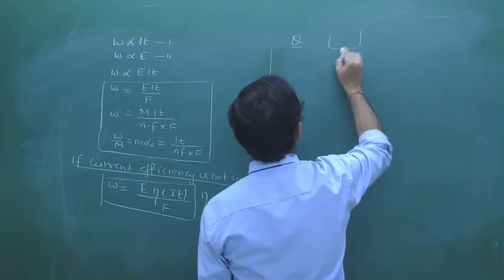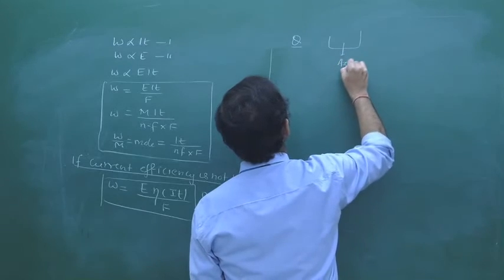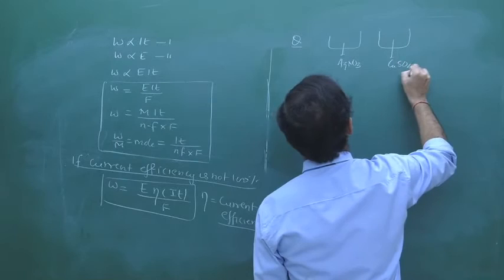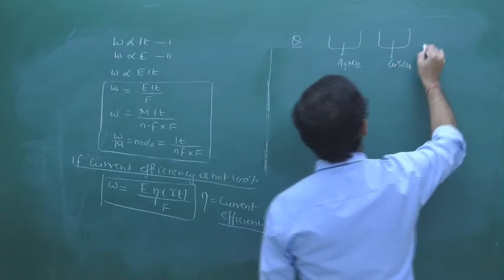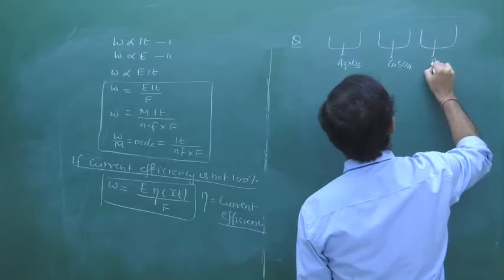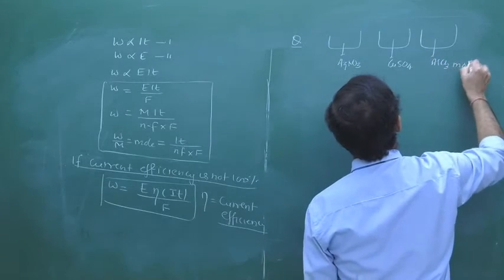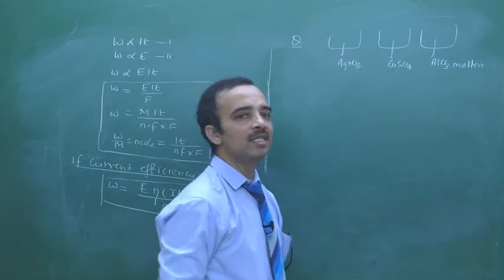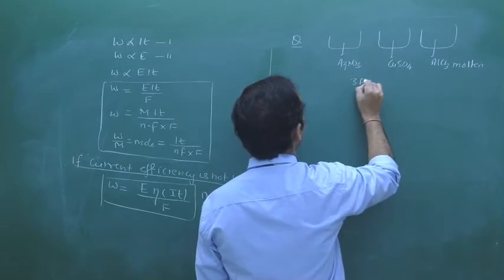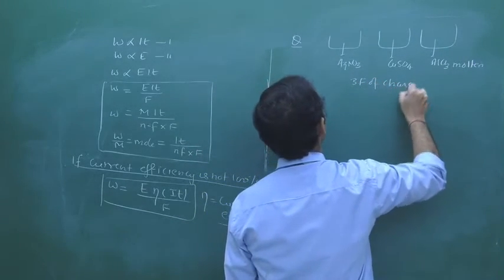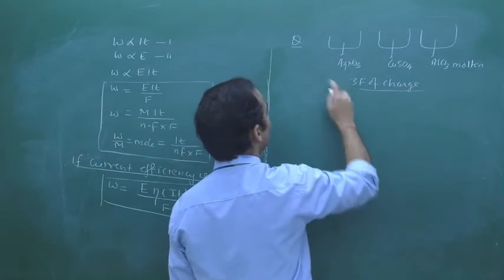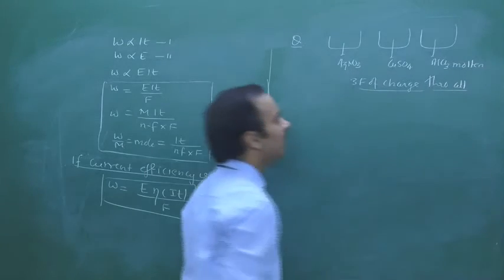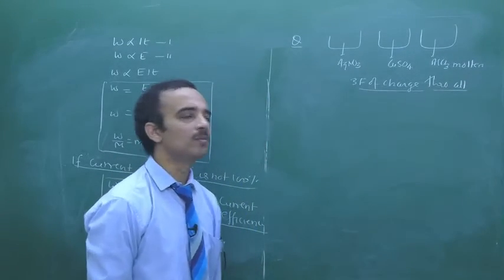First one contains silver nitrate, second one contains copper sulfate, third one contains molten AlCl3. These are connected in series. 3 Faraday of charge is passed through all of them.